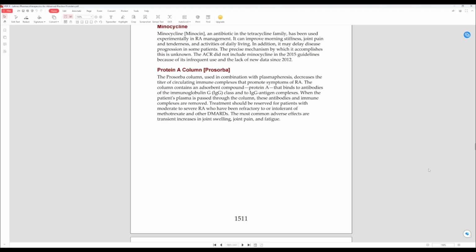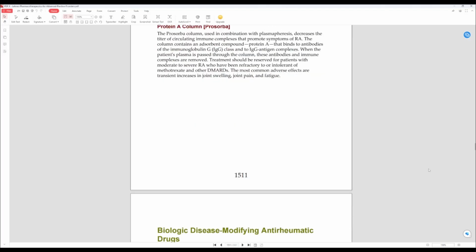When the patient's plasma is passed through the column, these antibodies and immune complexes are removed. Treatment should be reserved for patients with moderate to severe RA who have been refractory to or intolerant of methotrexate and other DMARDs. The most common adverse effects are transient increases in joint swelling, joint pain, and fatigue.